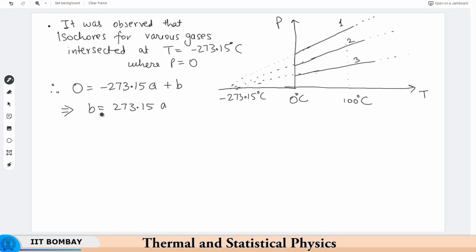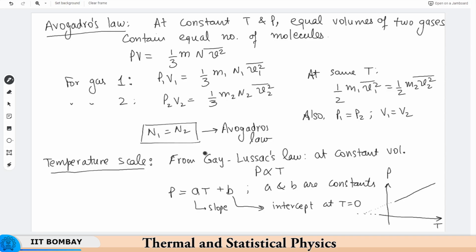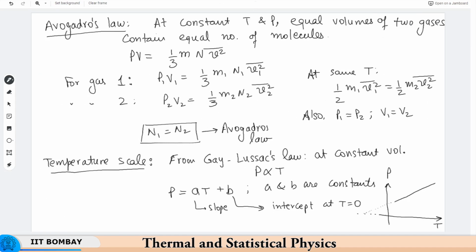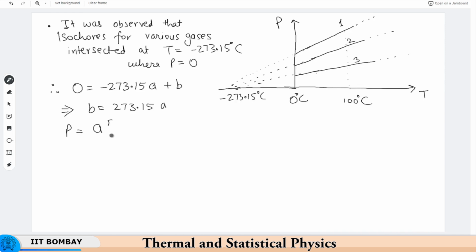So now we have the value of B in terms of A, we can substitute that into the general form. So we can write our pressure as A times the temperature in the scale of degree Celsius plus 273.15, all right. So this is what we get.